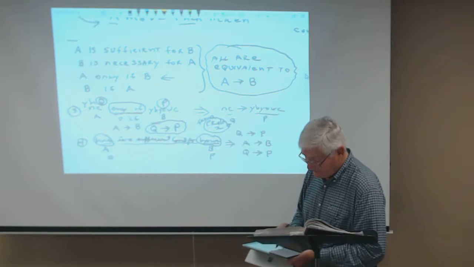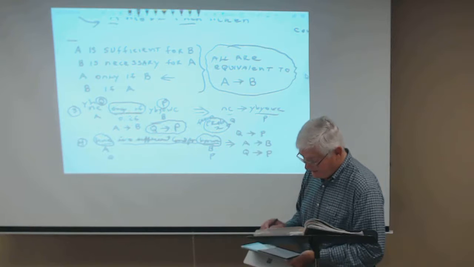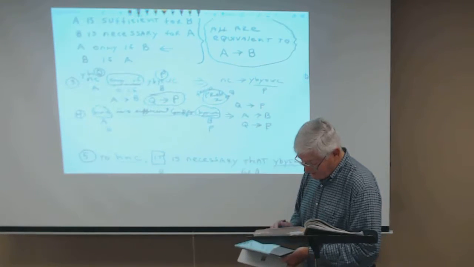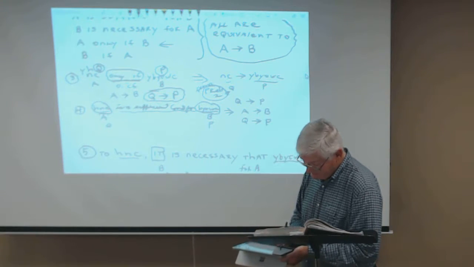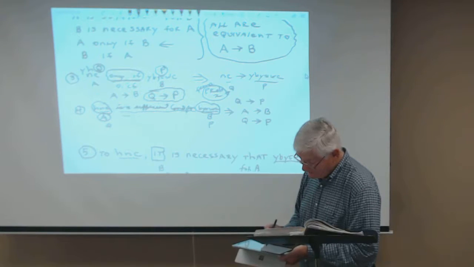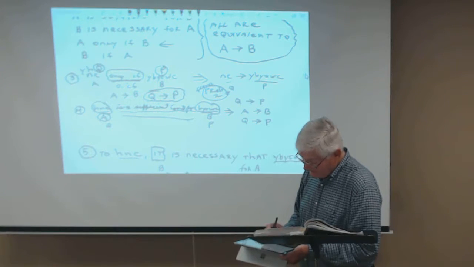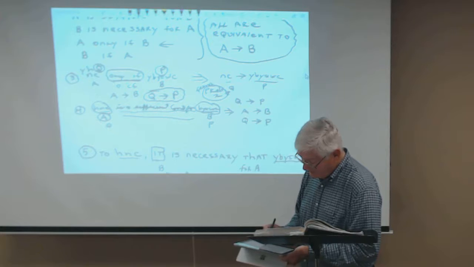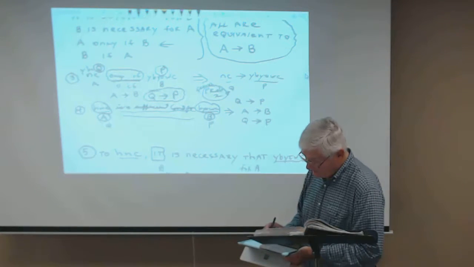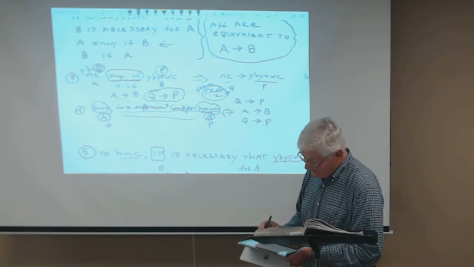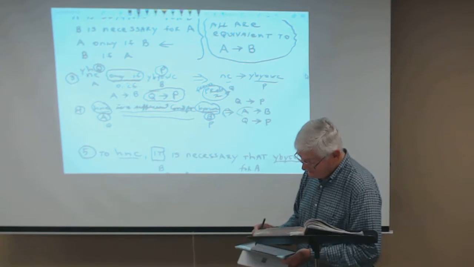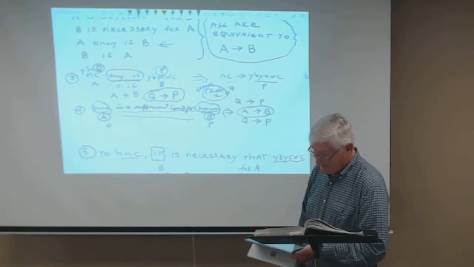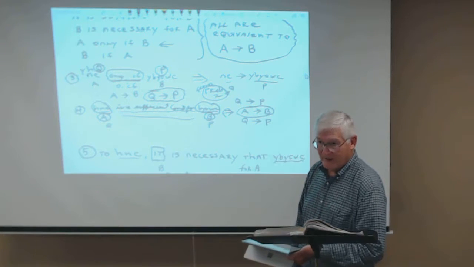A is sufficient for B is equivalent to if A, then B. So I put down here A is sufficient for B, and that's equivalent to if A, then B. Everybody follow that?